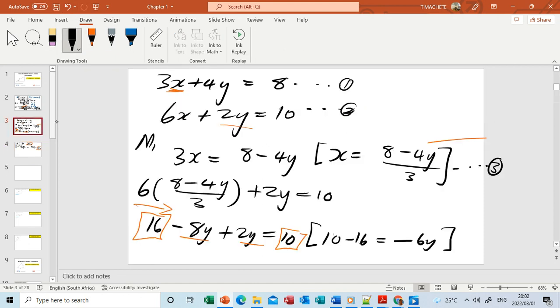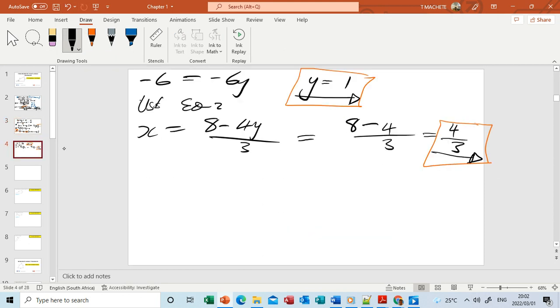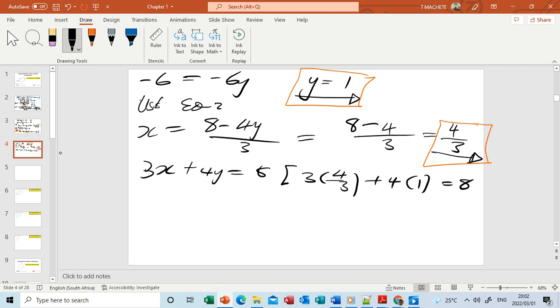To confirm, we take the first equation, 3x plus 4y equals 8. You can take any equation. We substitute those values: 3 into x, which is 4 over 3, plus 4 into 1, which gives 8.